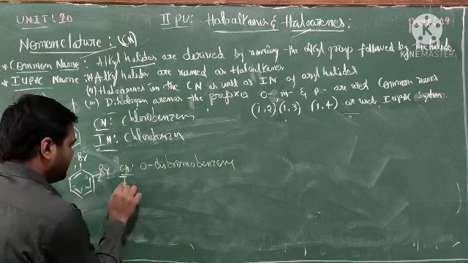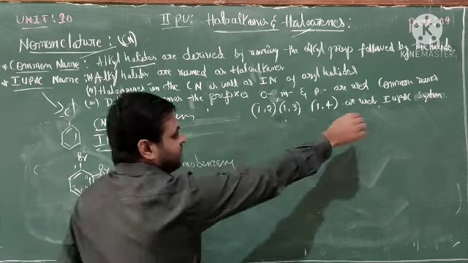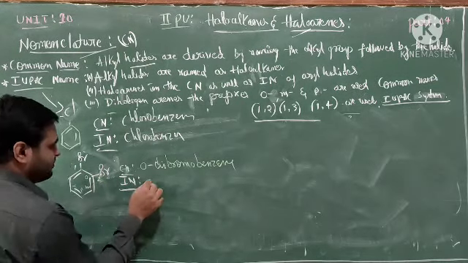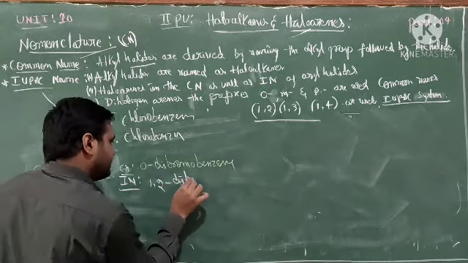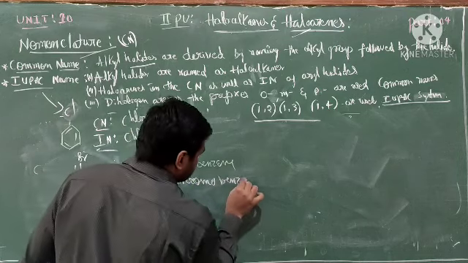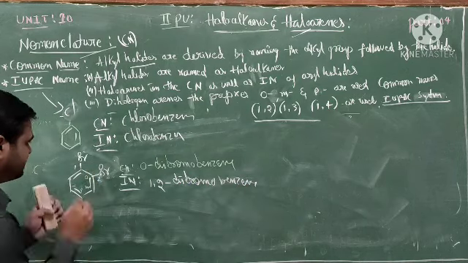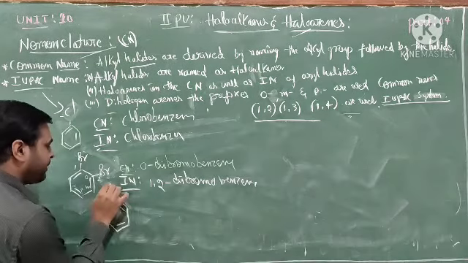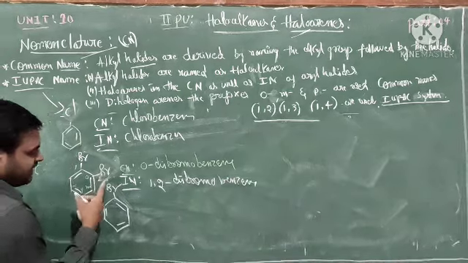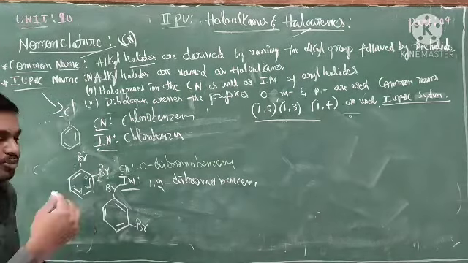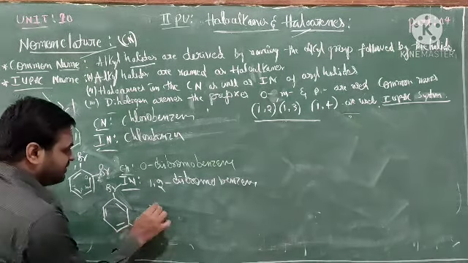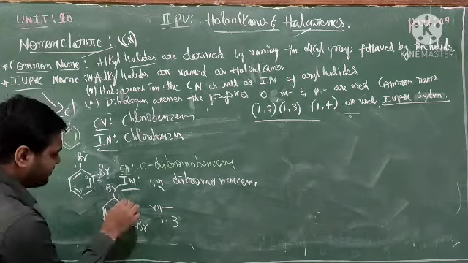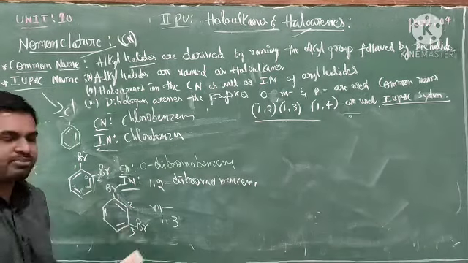So what about the IUPAC name? In IUPAC you write the numbering: ortho is 1, 2, so 1,2-dibromobenzene. If the bromine is present in this way, the change is meta-dibromobenzene. So 1, 2, 3: this is 1,3-dibromobenzene.